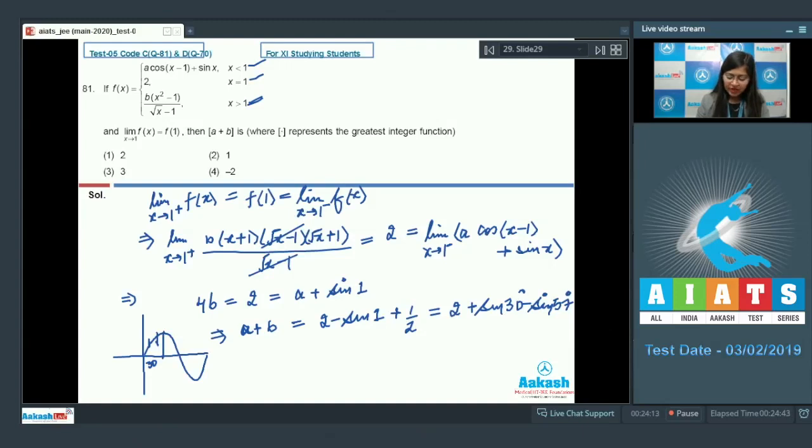So the value of sine 57 is definitely greater than the value of sine 30. So this value is something lower than 2. So we can say that the greatest integer of a plus b is 1. So the correct answer will be option number 2.